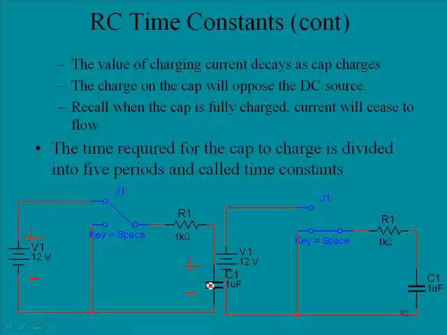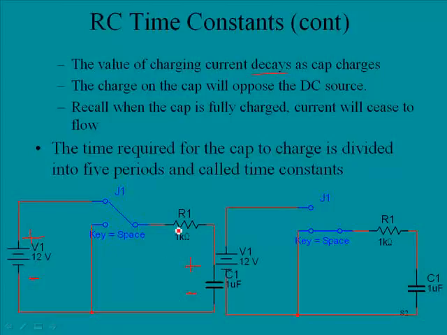When this capacitor is fully charged, this will completely oppose this, and effectively no current will be flowing. So what this is saying is the value of charging current decays as the cap charges.